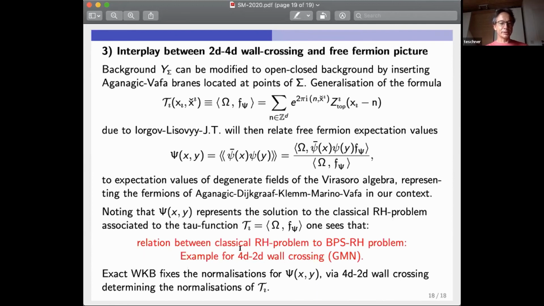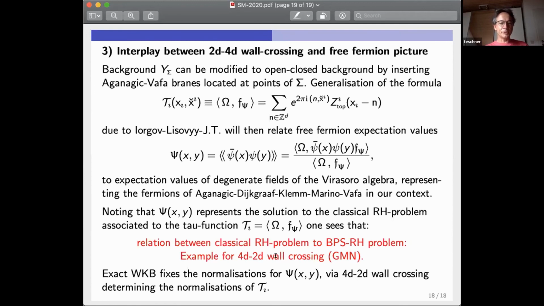So you have here as this basic object the solution to the classical Riemann-Hilbert problem that you have in this context. And this is of course what is created by introducing the surface operators or their geometric engineering by your branes. In this way, you're making the fermions visible, the open string sector makes this visible and so on.